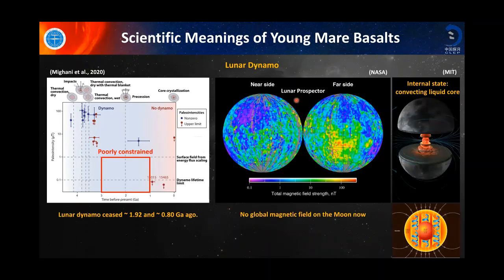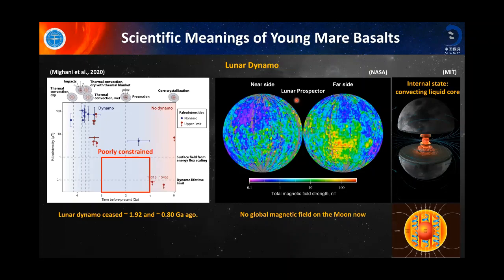The second scientific question I want to highlight is the lunar dynamo. The reason is the same as for the lunar impact history and the chronology function. This is the lunar magnetic field intensity curve.